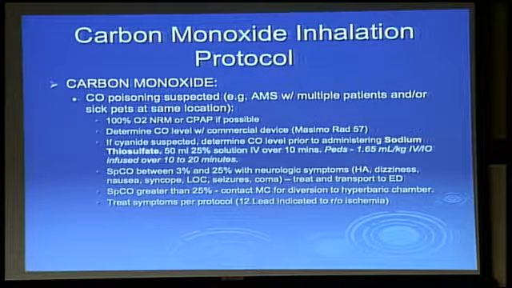If you've got a significant poisoning with a level greater than 25%, then contact medical control because that's someone who will likely be diverted to a hyperbaric chamber. Remember in EKG, because patients can develop this tissue hypoxia, they can have ischemia as a result of that. It's like an induced anemia.